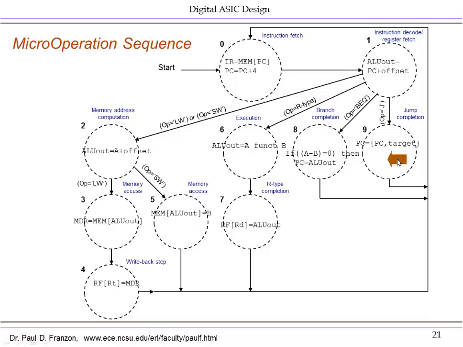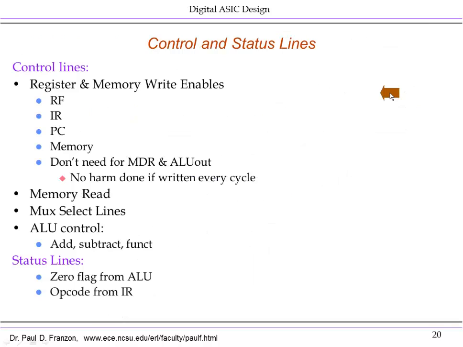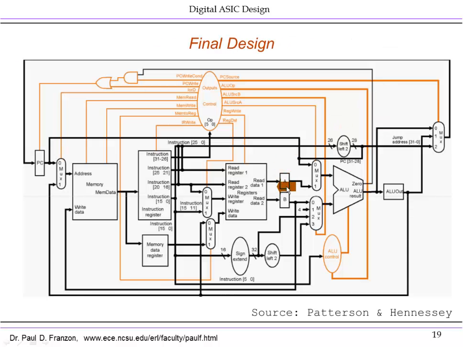You might have noticed that A and B being written to has disappeared from this. And the reason for that is it's not controlled by the controller. We'll end up doing it implicitly in the data path.